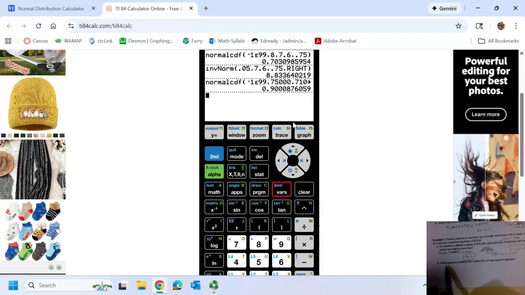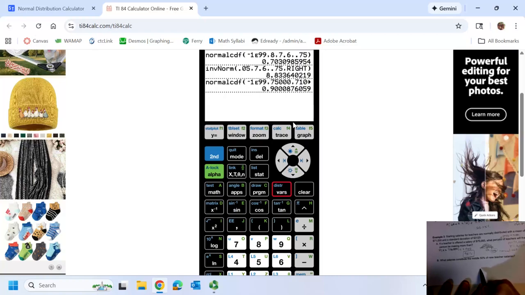And then finally, what salaries constitute the middle 50% of new teacher salaries? So now we know the percent, right? We know the probability or the area, and we want the salaries. We're looking for those X values.